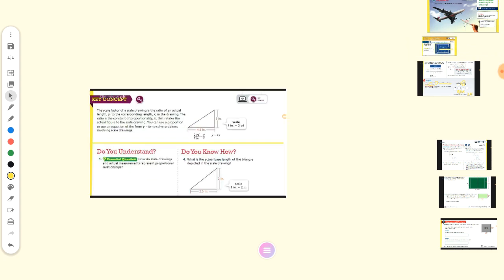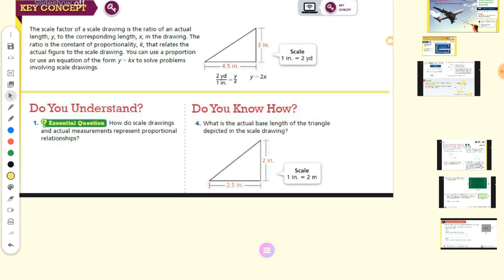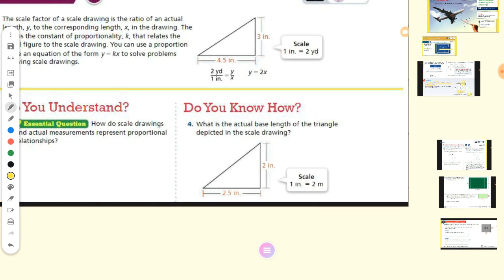Another example. Number 4. We will solve number 4. What is the actual? He needs the actual. So where to put the variable? The variable for the actual goes up, so X is up, and down is the drawing. The scale he told me is 1 inch equals 2 meters, so it's 2 over 1.